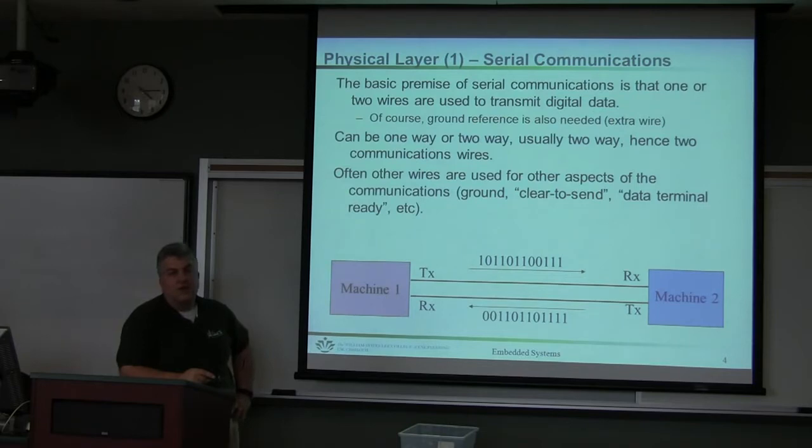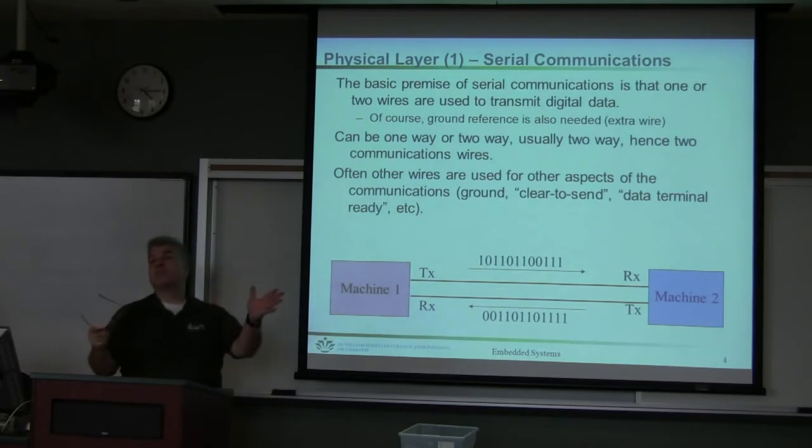There are some protocols available, specifically RS-232, that use things like a clear-to-send wire and a data terminal ready wire, and just additional wires that say, okay, I'm about to send information, here it comes. It allows you to actually synchronize some of the data.